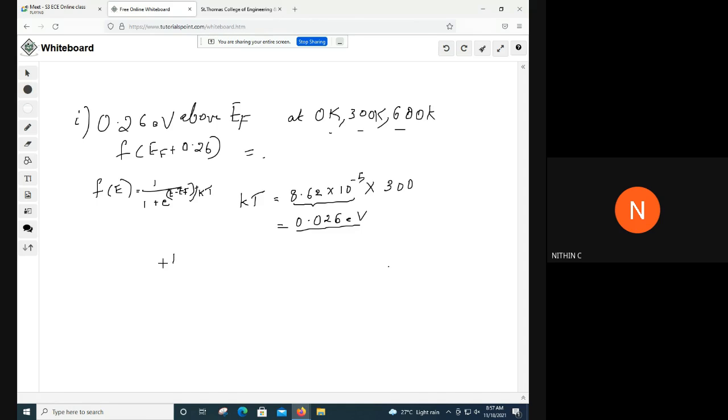So the expression will become f of EF plus 0.26 at T equal to 300 Kelvin equals 1 by 1 plus e raised to this EF plus 0.26 minus EF. So it will become 0.26 by 0.026.